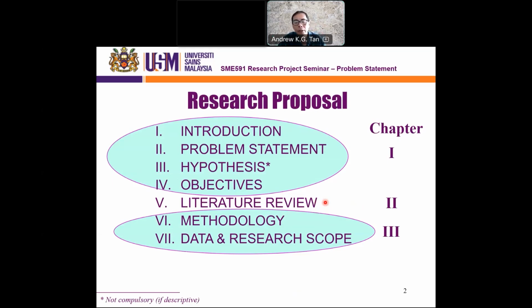And then if you look into chapter 3, methodology, data and research scope, chapter 3 in your research project will actually be this part here, methodology and data and research scope in your research proposal. That's why I ask students to pay careful attention in preparing their research proposal.